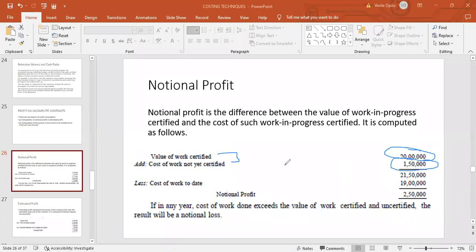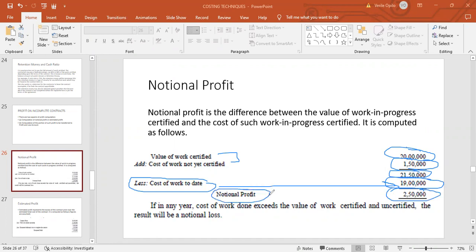So when you add the two, you get 2,150,000. And up to this particular date, the total cost of work done for both work certified and work uncertified is equal to 1.9 million. It means that for the work that has been completed, there is a notional profit of 250,000.